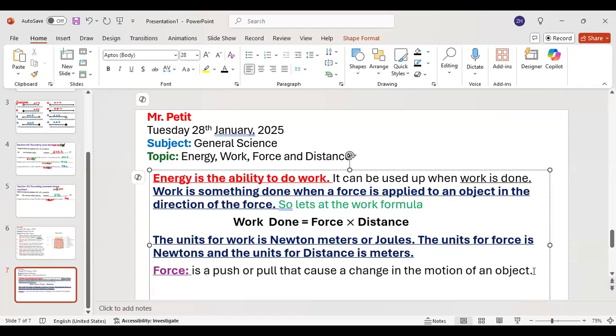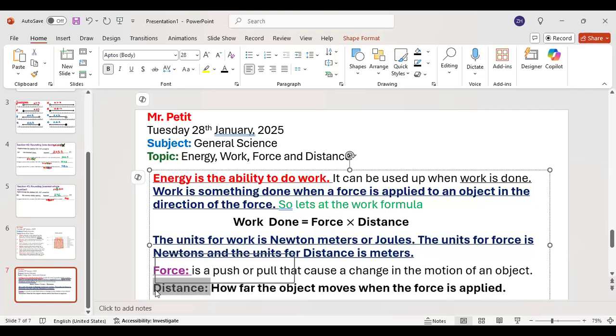The distance is going to be how far the object moves when the force is applied.